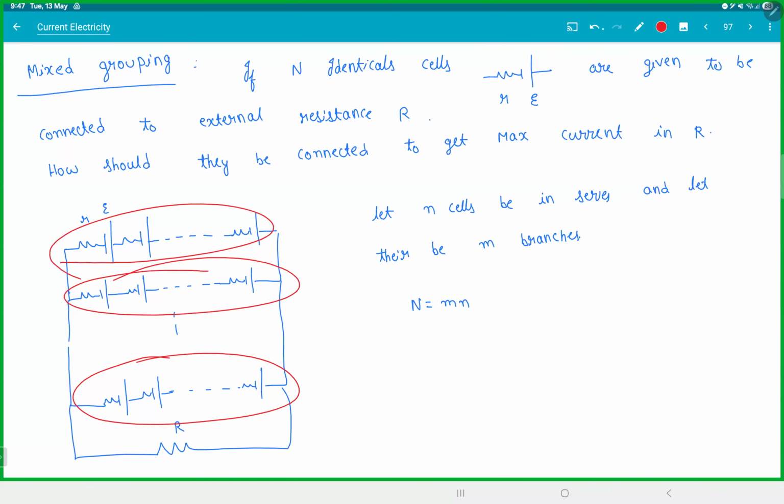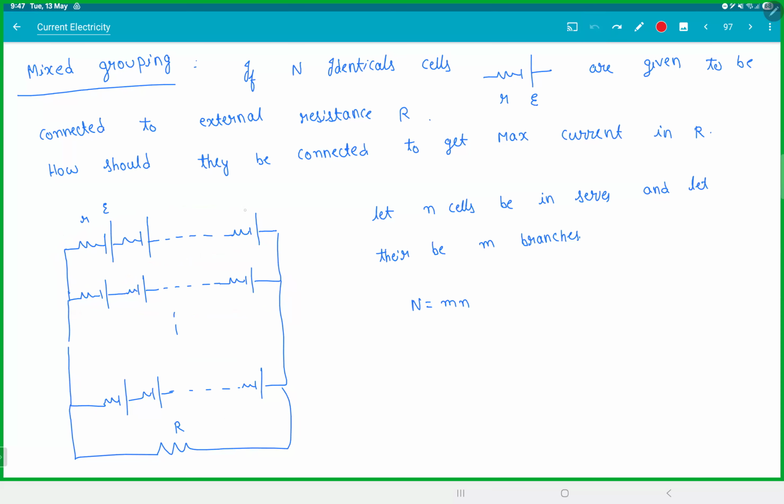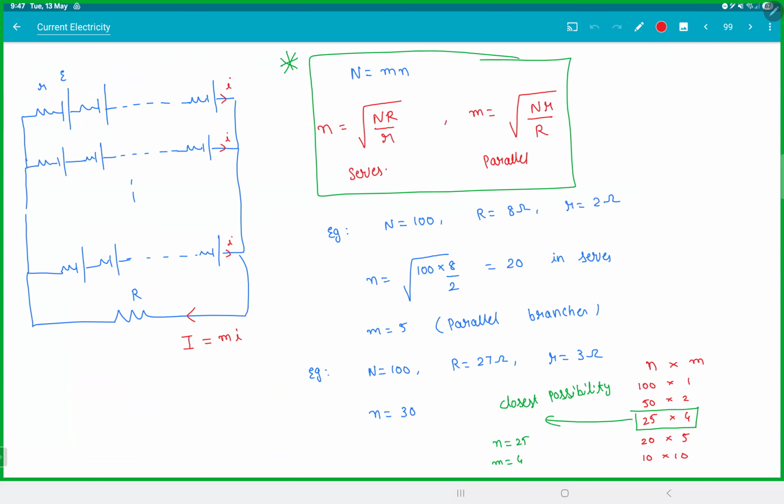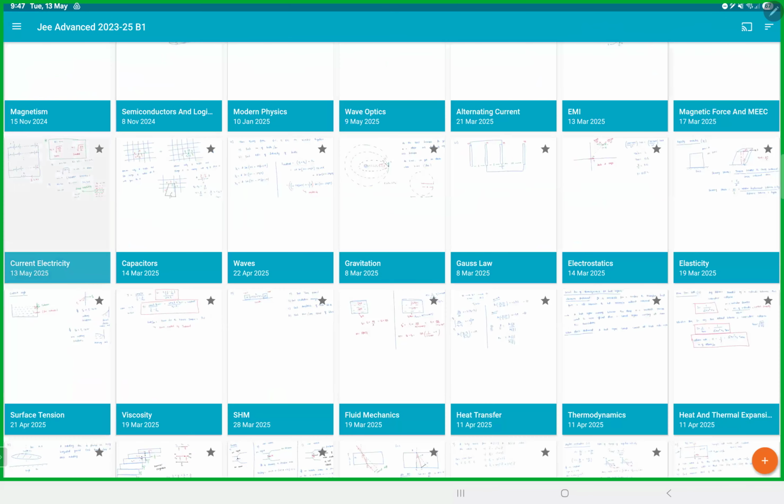So we have so many batteries like this. The question is, how should I keep all these batteries such that you get maximum current in this resistor? If you get a question like this, we do something called maxima minima there. When you differentiate that function, we get a value like this. So this is in current electricity.